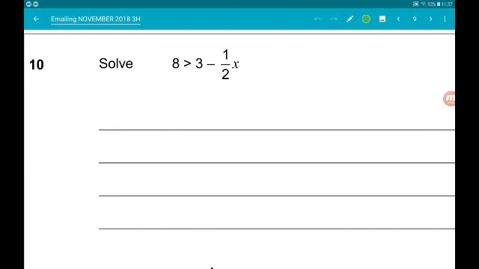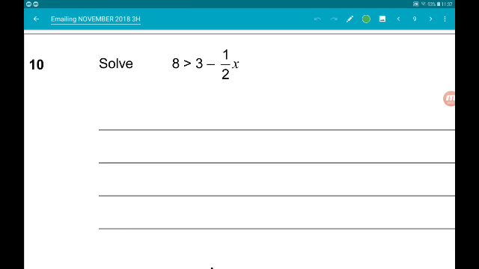Okay, question 10 for 2 marks. Wants us to solve 8 is greater than 3 minus 1/2 x. So, my inequality stuff will be down below. Solving inequalities is exactly the same as solving equations. So, we're not going to want a negative x term. So let's add half x.